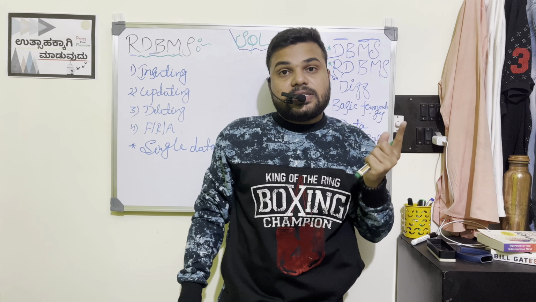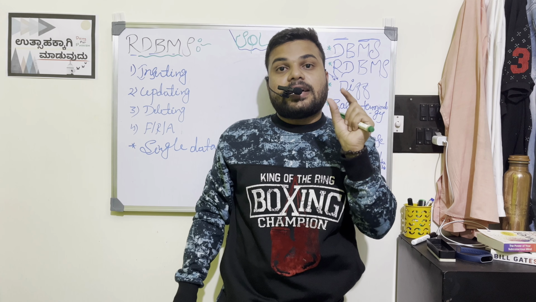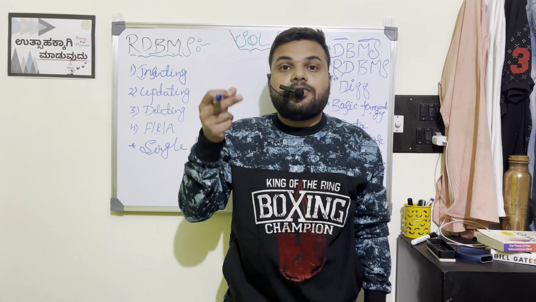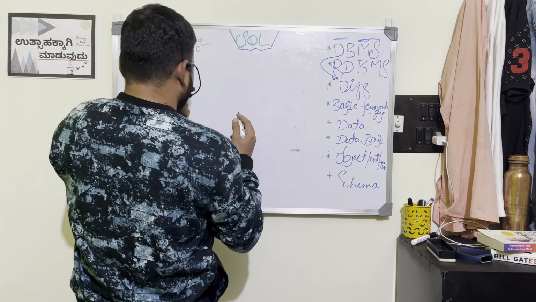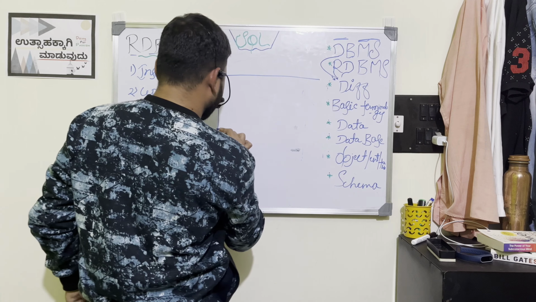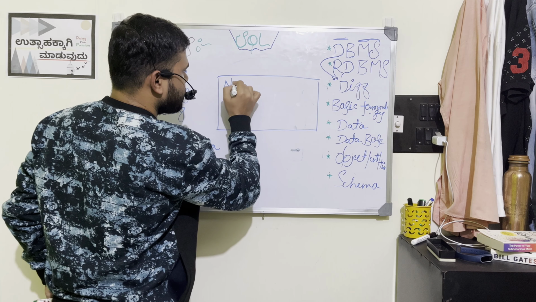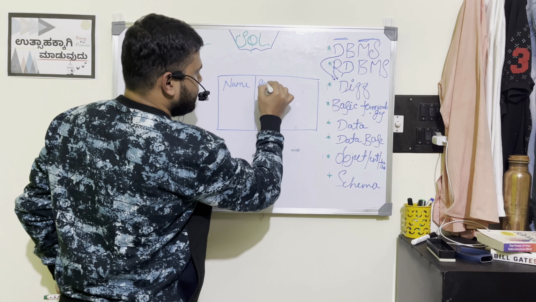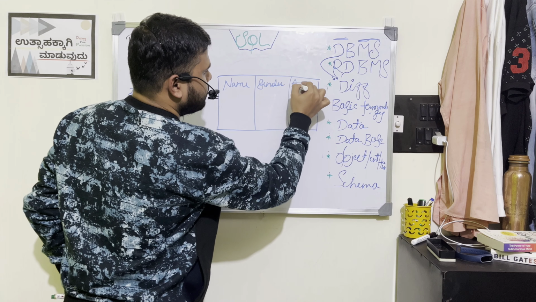In the previous class, we saw the employee table and department table. In that, each and every cell consists of a single data. If a cell consists of multiple data, confusion will happen. For example, here you can see this is a table: name, gender, age.